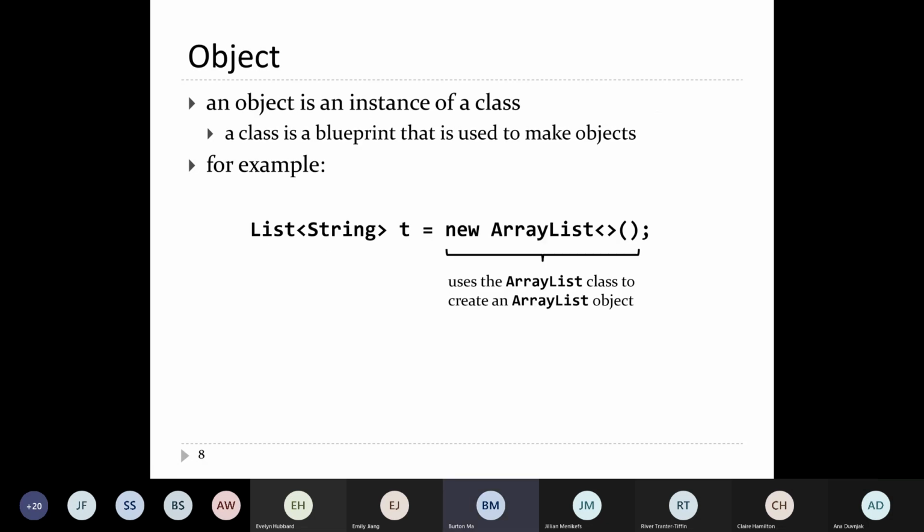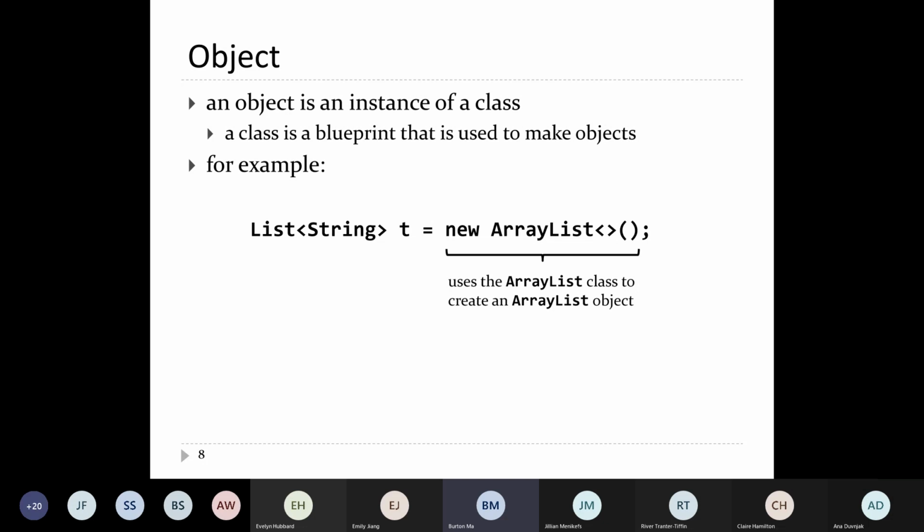All right, so what is an object? An object is just an instance of a class. It's similar to how 5 is an instance of an int, or 3.2 is an instance of a double. When you make an object, you're creating an instance of your class. The way the object is created is that the class is used as a blueprint to make the object. In other words, whatever is defined in the class becomes part of each object.